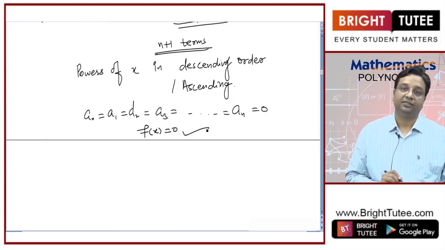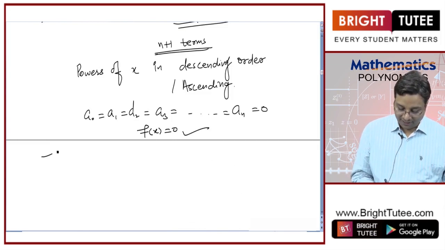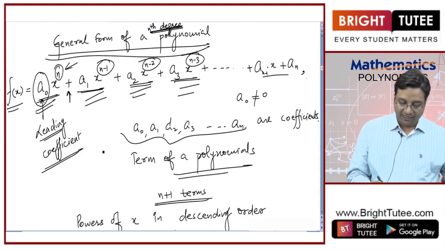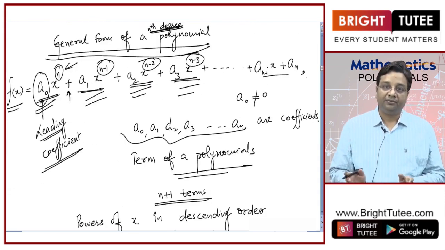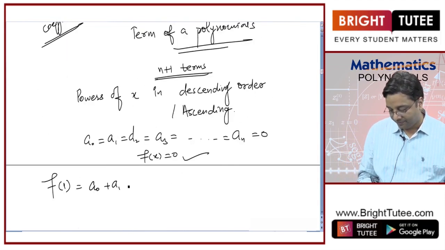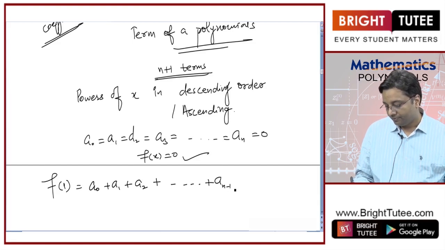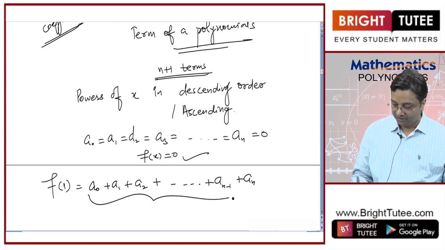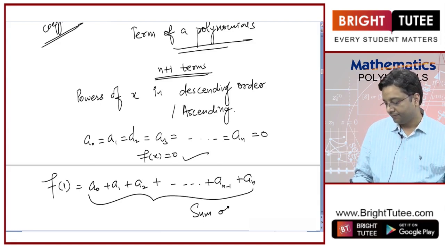So this is our zero polynomial. And if I write x equal to 1 here, what is f of 1? I place x equal to 1 in each and every term, right? So what will it become? a naught plus a1 plus a2 plus up to an, right? This is the sum of coefficients.